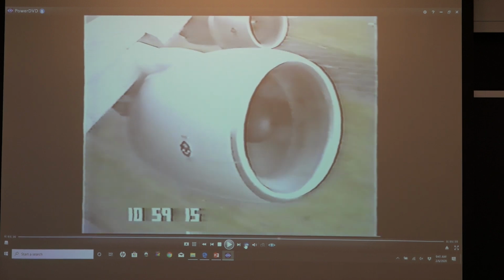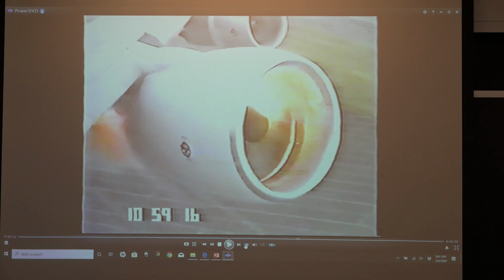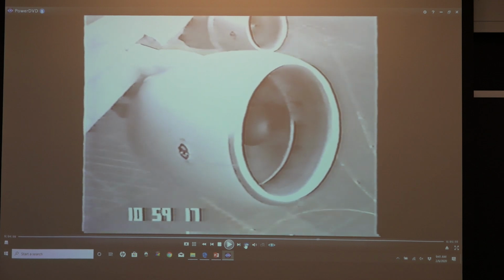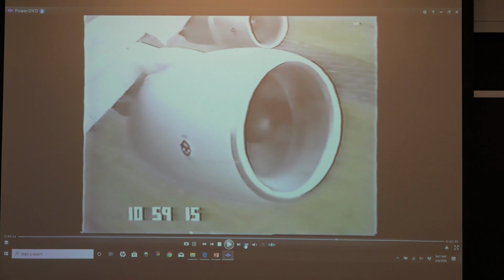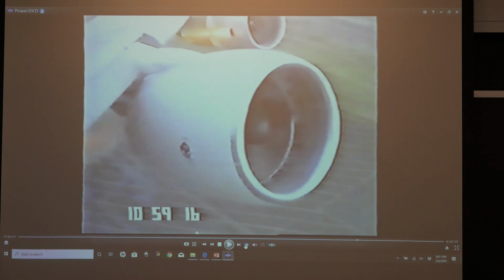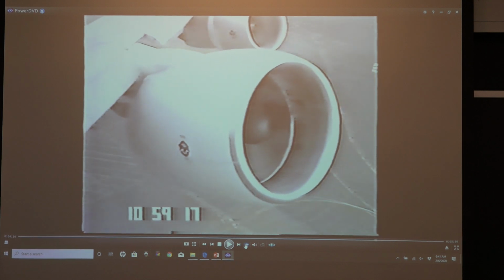This is another view of this engine surge stall condition. What's going to show up afterwards should be the back view.